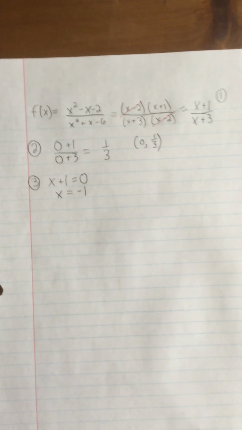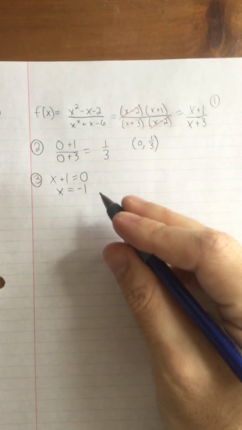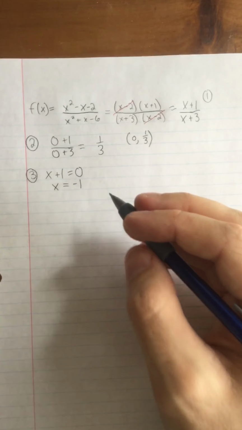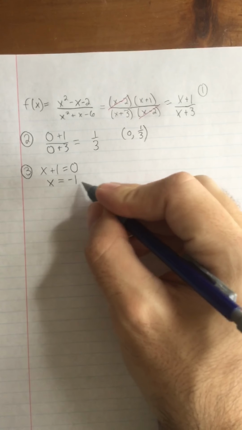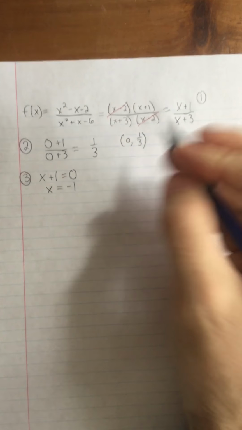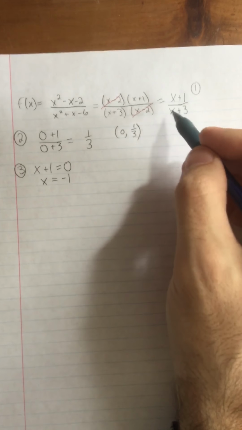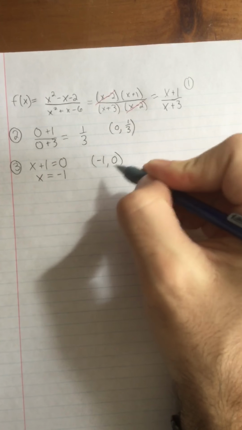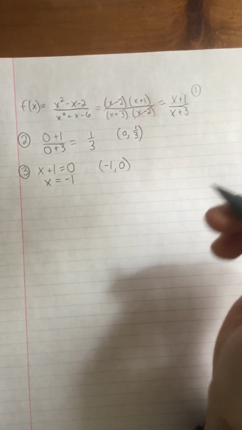X equals negative 1. This is going to be our only x-intercept. Okay. So when we plug negative 1 in for x, we get 0 up on the top, which means that our y value is 0. So negative 1, 0 is going to be a point on our graph.